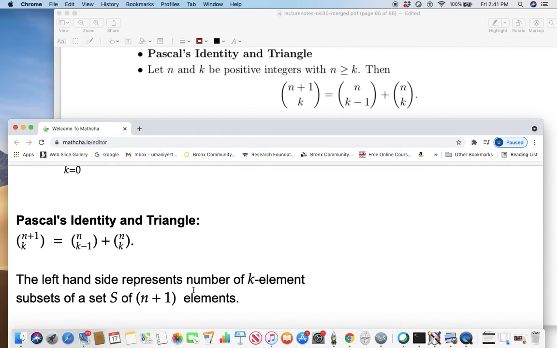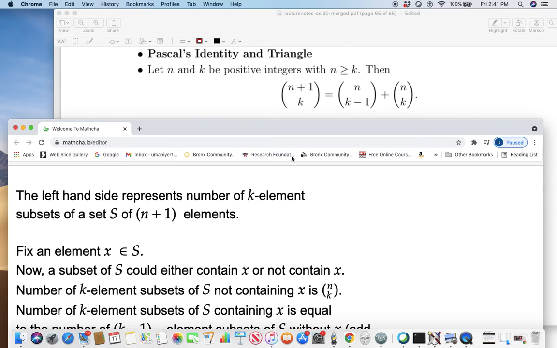It represents the number of k element subsets of a set S with n plus 1 elements. So suppose you have a set S with n plus 1 elements. You want to collect k element subsets. How many such subsets can you collect? That's what this combination represents. This is, after all, a combination. You are choosing k element subsets from a set consisting of n plus 1 elements.